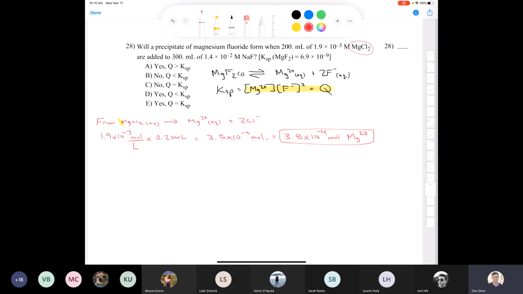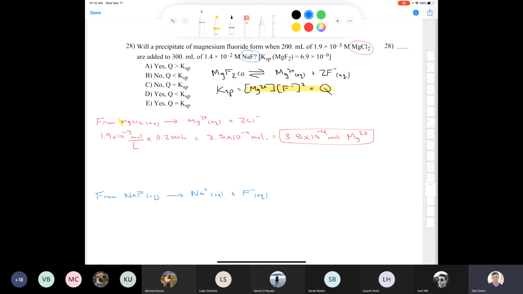Okay, so we know the number of moles of magnesium. Now let's figure out the number of moles of fluoride. So now we're going to work with the sodium fluoride. We know that sodium fluoride is going to break apart to give us sodium ions plus fluoride ions.